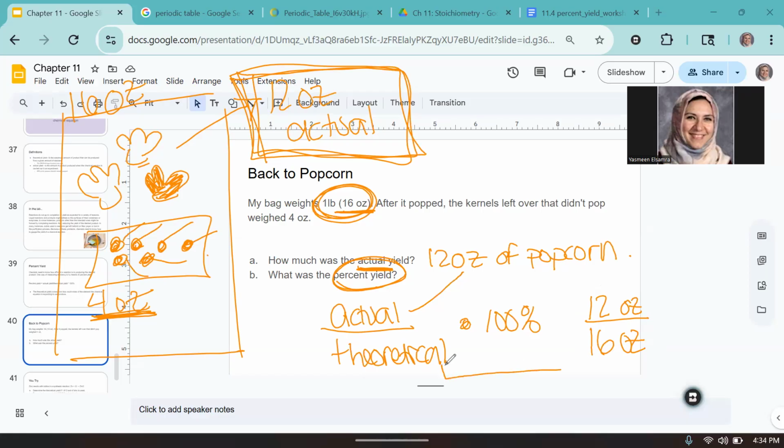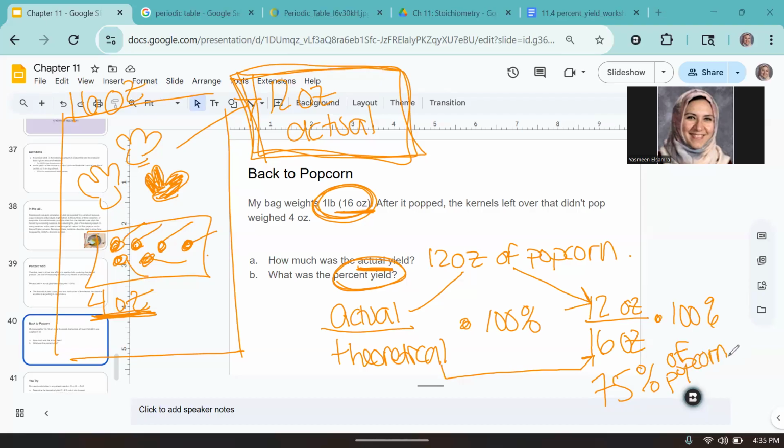That's the theoretical yield. How much theoretically should have come out? 16 ounces of popcorn should have come out. How much actually came out? 12 ounces of popcorn came out. And then we're going to do times 100% here. So we go to our calculator and we do 12 divided by 16 times 100, and that gives us 75%. So the percent yield is that 75% of the popcorn kernels were actually popped.